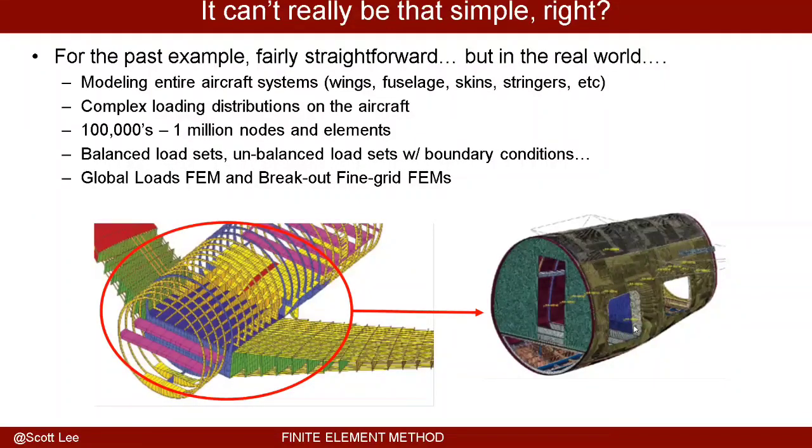Wherever you have cutouts, wherever you have these weird stress concentration features, basically where you have these tight radii, you're not going to be able to model that in a global loads FEM where you're modeling with 5-inch elements. So you want to do that in a finer grid FEM.